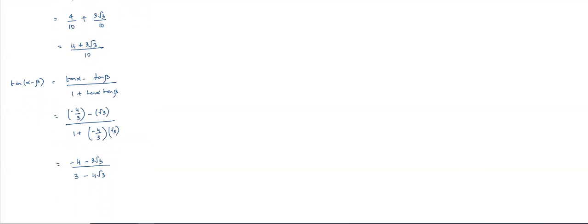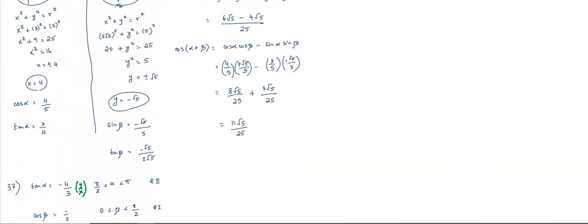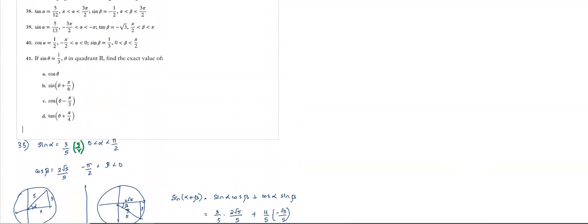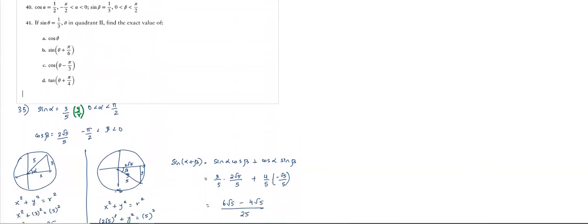Right. So now that takes us to, basically follow the same thing for all the problems. And now let's do question number 41. Question number 41 gives you that sine theta is 1/3. Theta is in quadrant 2.